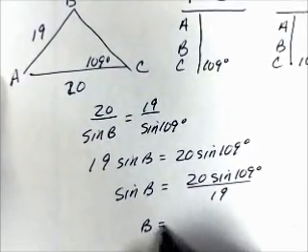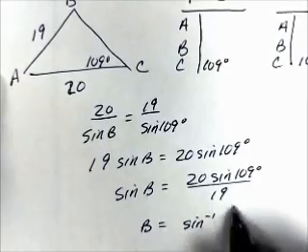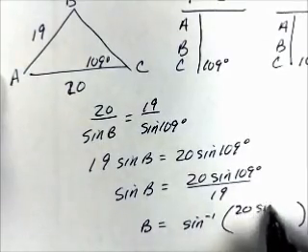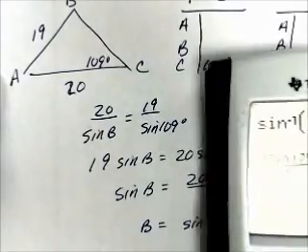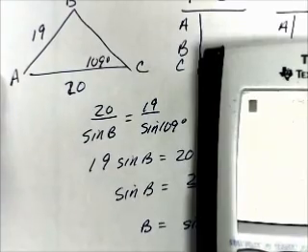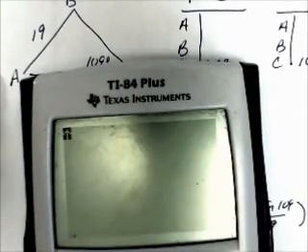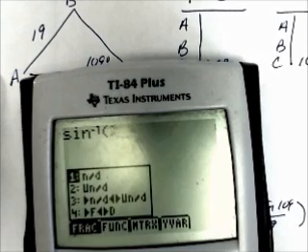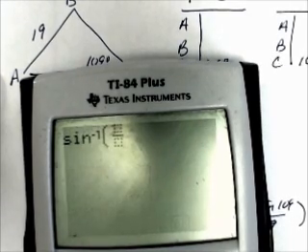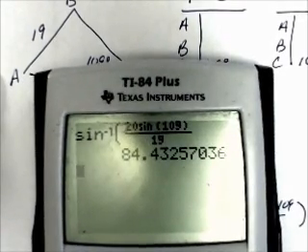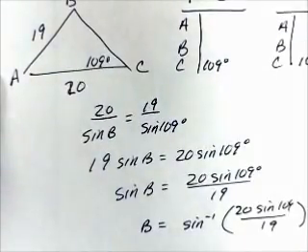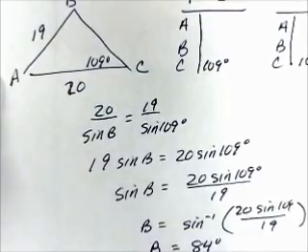So angle B is equal to the sine inverse of the fraction, 20 sine 109 divided by 19. Second sine fraction, 20 sine 109 divided by 19 yields approximately 84 degrees. So B is equal to 84 degrees.